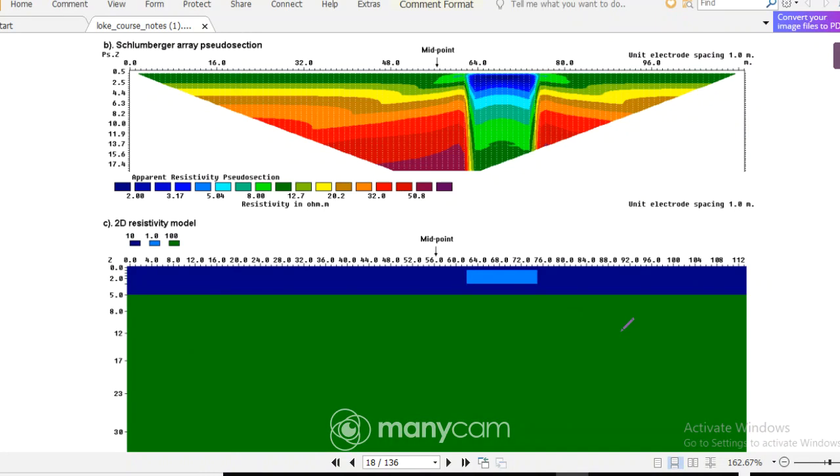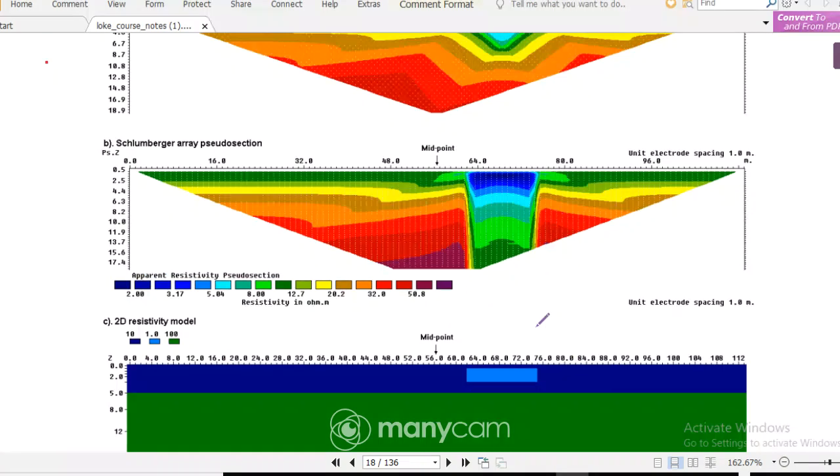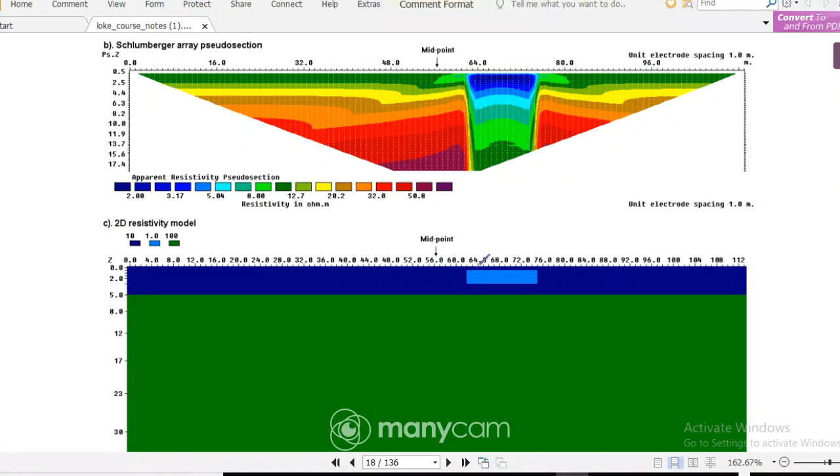If you conduct the Wenner or Schlumberger array method, the response will be like this one. Okay, now this anomaly will be observed here, look here and here, but it's not exactly the same as the true model like this one. For example, here is a rectangle, but it is not really a rectangle, it is only approximate to a rectangle.